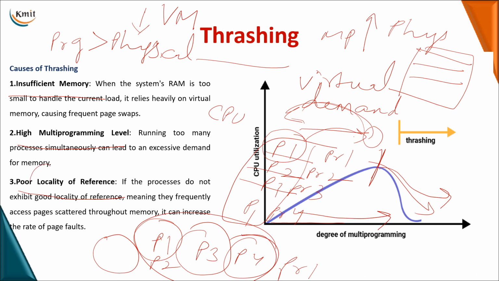That knowledge you call locality of reference, or the principle of locality. Based on this, you keep only those pages in the physical memory, and all the other pages remain in the secondary memory. If that idea is not proper, then it leads to thrashing.